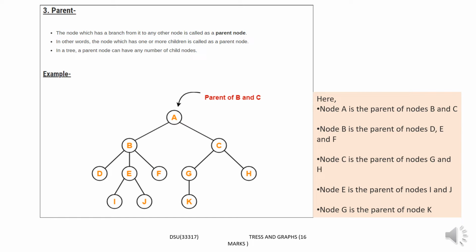So A is the parent node of B and C. Then E is the parent node of I and J. C is the parent node of G and H. Then G is the parent node of K. Like this, there are different parent nodes and different children.